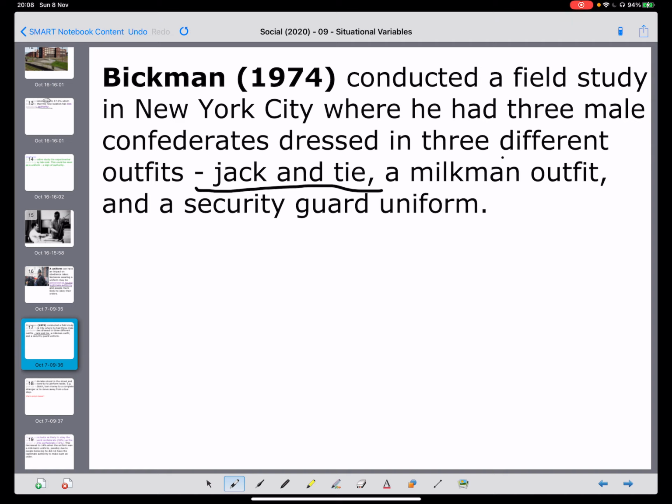The milkman perhaps could be seen as somebody who's in like a Sainsbury's or waitress outfit, somebody who does quite a menial job, quite a necessary job, but not that authoritarian. Then the security guard is the security guard.